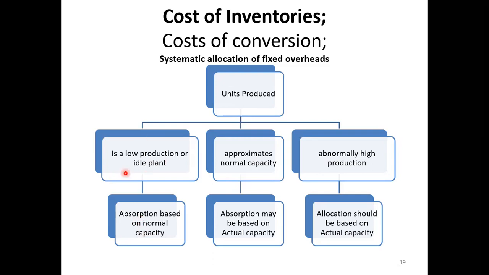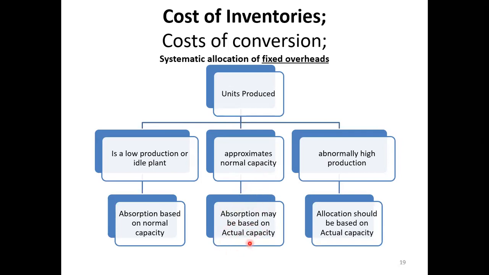In case the number of units produced approximates normal capacity, for example 10,000 expected and it produced 10,000, or 9,900, 9,800, 9,200, or 10,200, approximately 10,000, then our basis is absorption based on actual capacity.